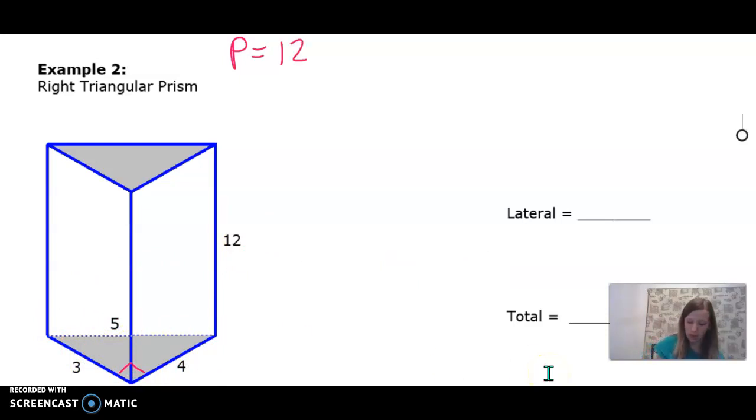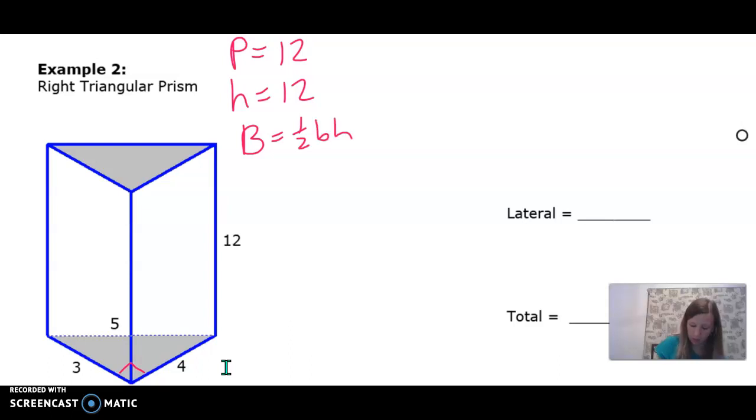Okay, we need the height of the prism. Remember, the height is the distance between the two bases. The two bases are shaded. The distance between them is 12. Okay, and then we also need the area of the base. Now, how do you find the area of a triangle? 1/2 base times height.